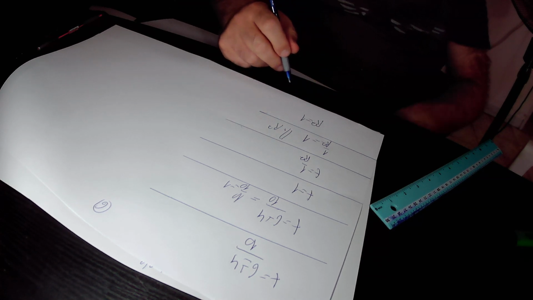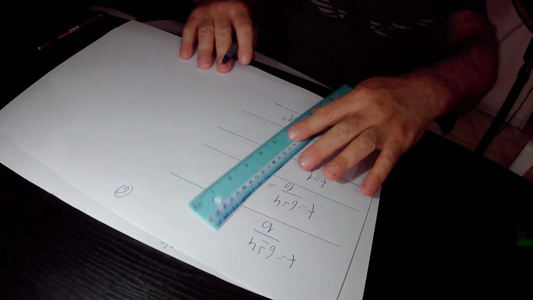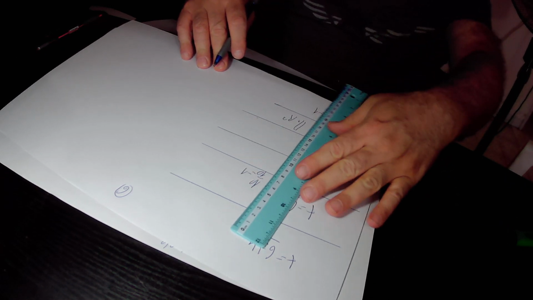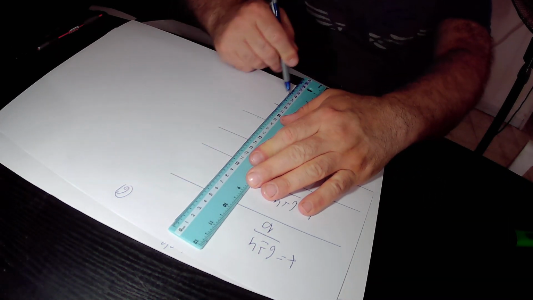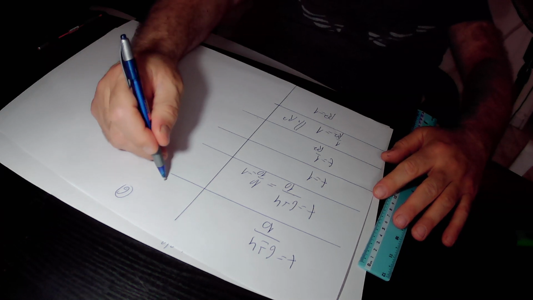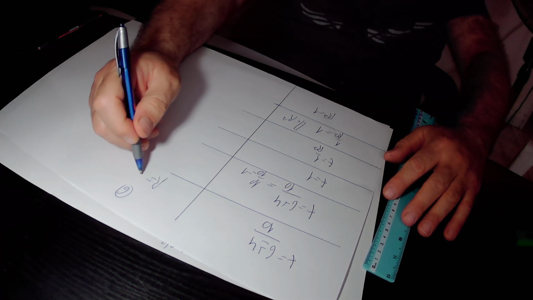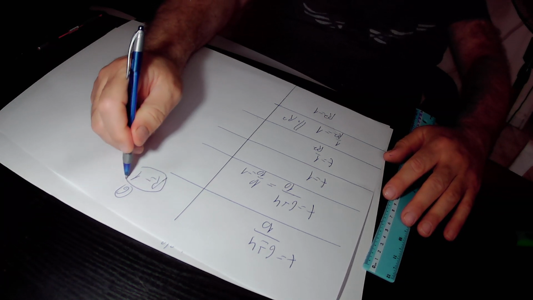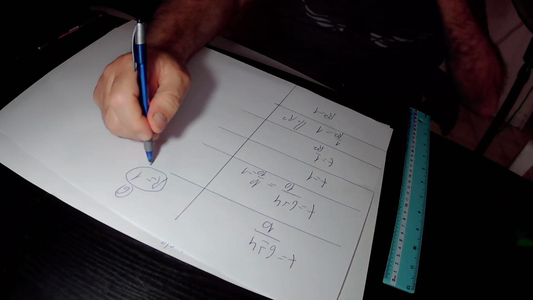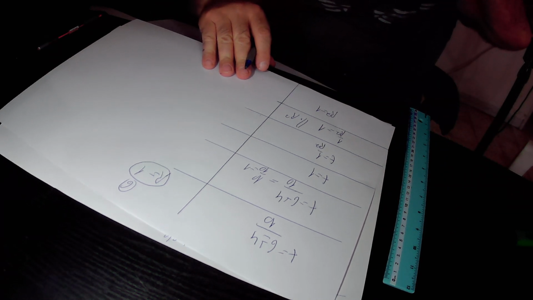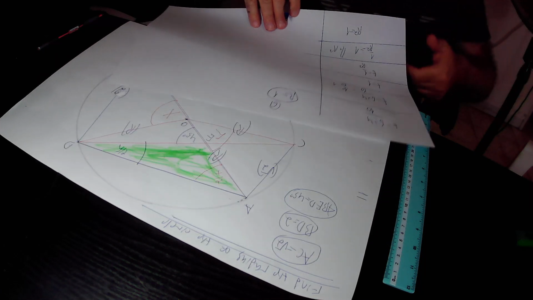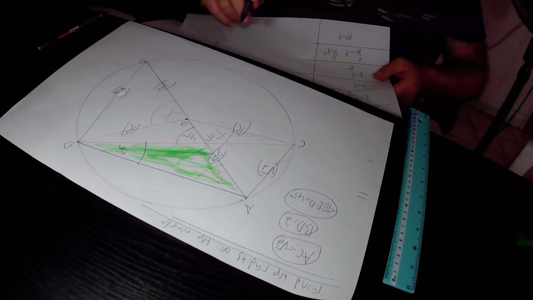So here we take a root of this equation, and we get that r equals the square root of 1, that is 1. So according to the first solution for t, the radius r of this circle equals 1 unit.